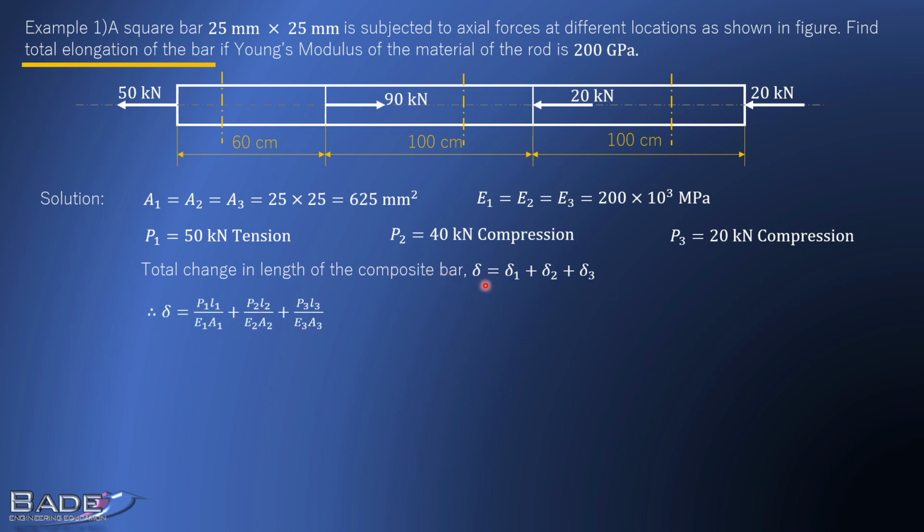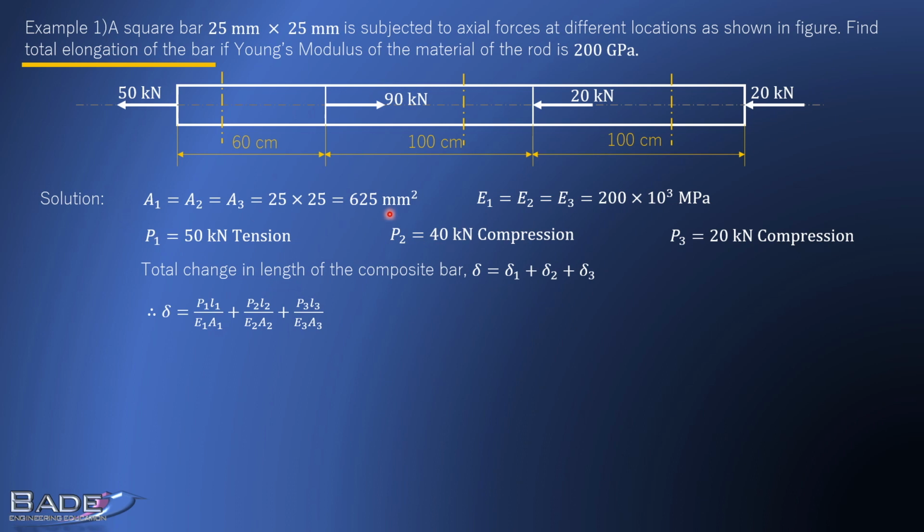So delta is equal to P1 L1 upon E1 A1 plus P2 L2 upon E2 A2 plus P3 L3 upon E3 A3. So it is the same statement but in terms of loads, Young's moduli, etc. Now try to understand. E1, A1, E2, A2, E3 and A3 are the same for all these 3 bars.